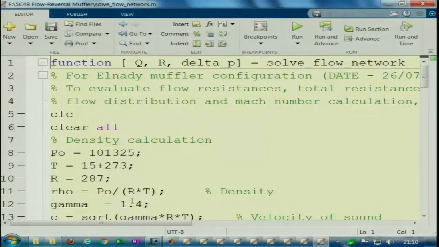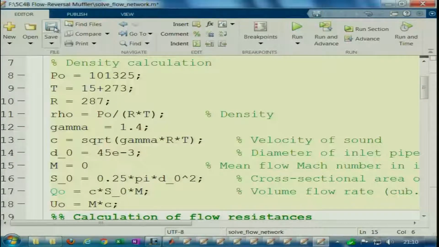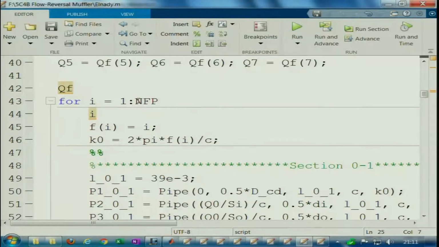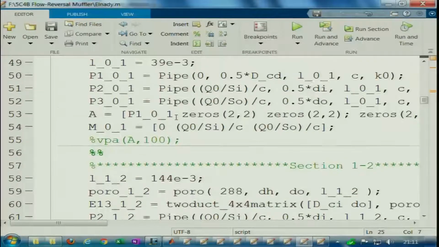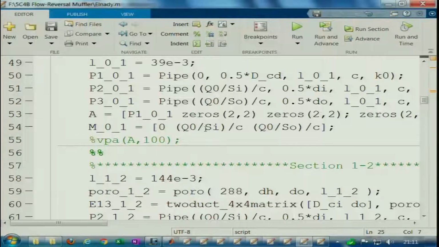So, here also I am setting the mean flow to 0. So, there is no flow, and what it does is NPF, the number of frequency steps, and then it starts assimilating the transfer matrices across each section and multiplying them.